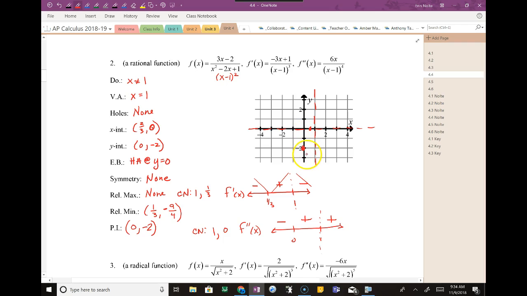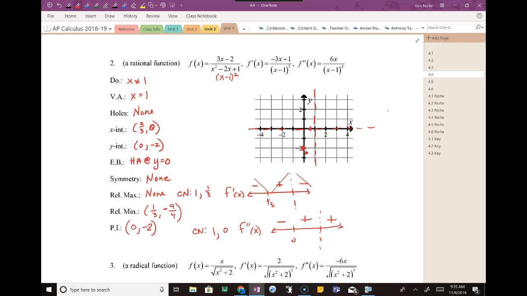So that's below negative 2, by the way. So that's right there. And then we also have, did I list everything? Yeah, okay, that's good.